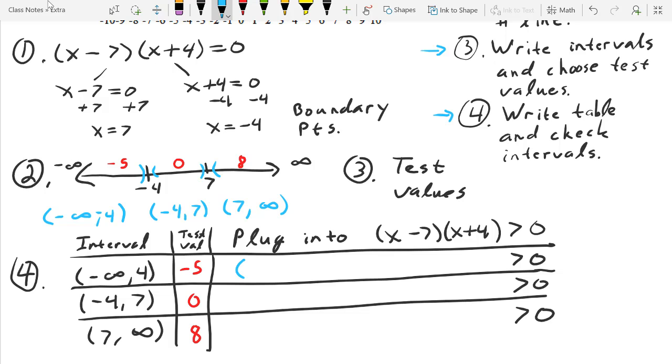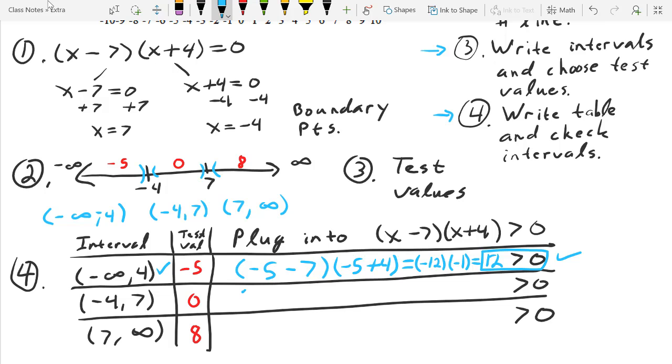Starting with negative 5, we'll go negative 5 minus 7 times negative 5 plus 4. That's going to be equal to, let's see, negative 12 times negative 1, which is positive 12. 12 is greater than 0, so this one checks out.